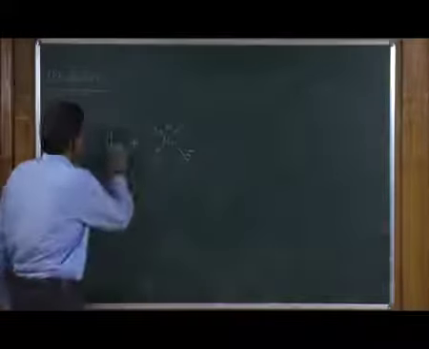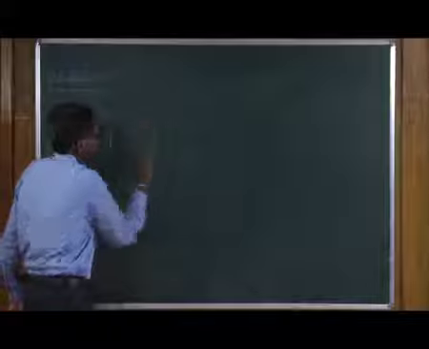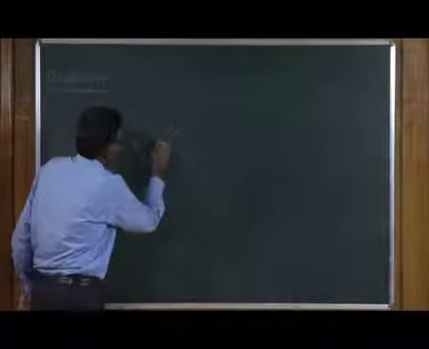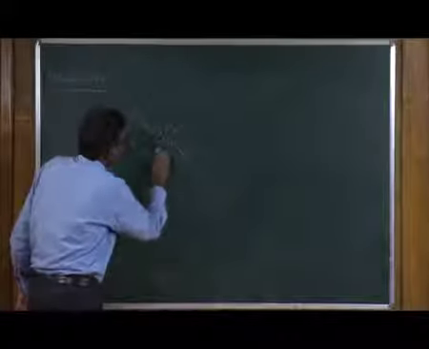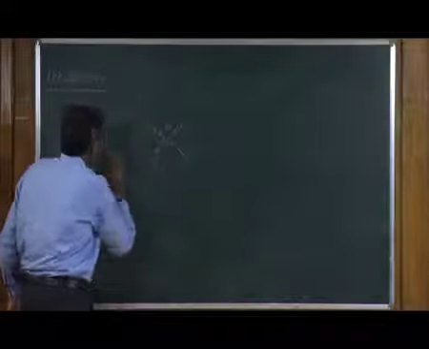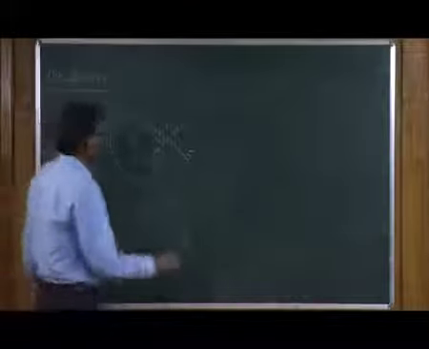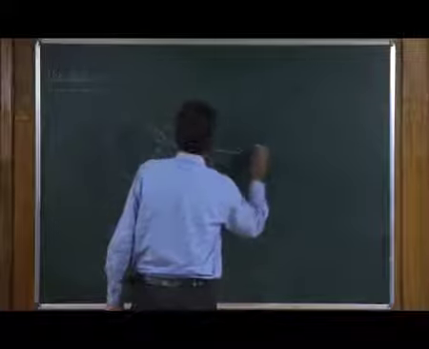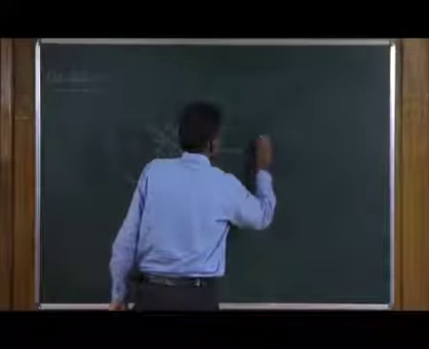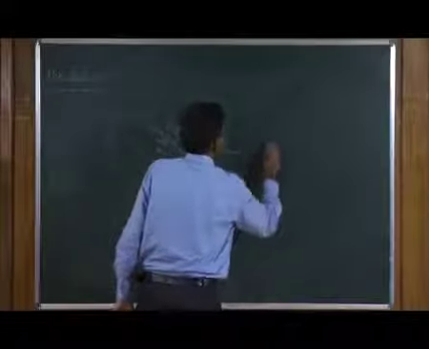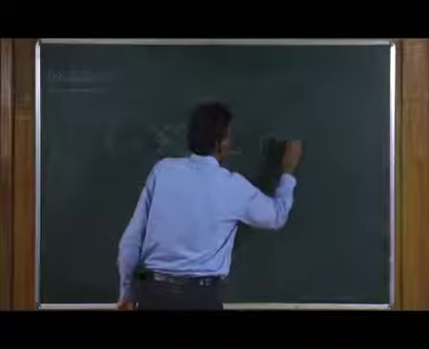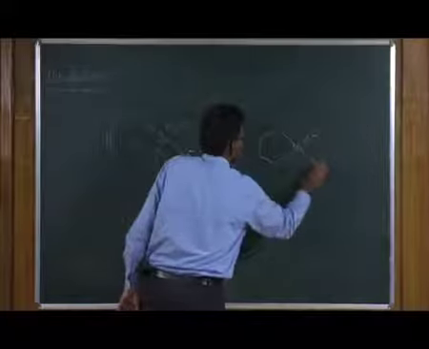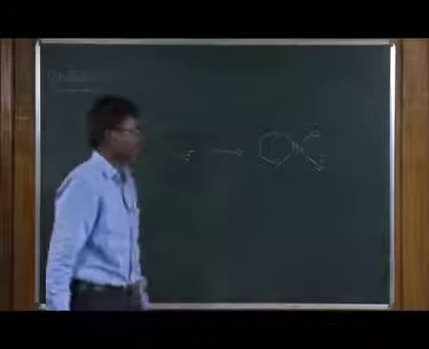This alkene undergoes addition, the electrons come to the manganese, and it adds to this carbon. Basically it is a 2 plus 3 cycloaddition reaction. First it forms this cyclic intermediate.